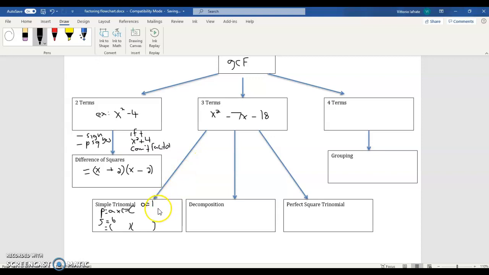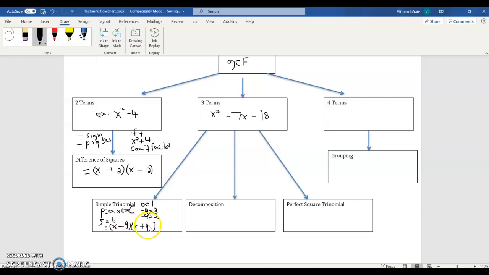So it looks like for our product, we could have minus 9 times 2, and minus 9 plus 2 for our sum. That would work out. So we would get x minus 9 and x plus 2.